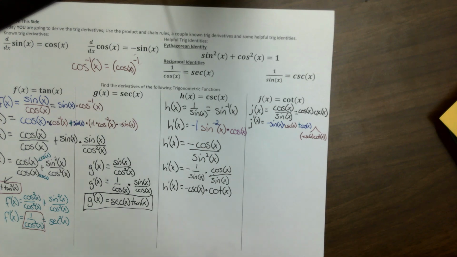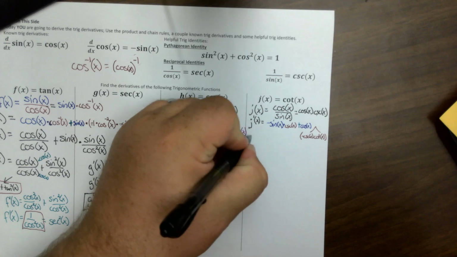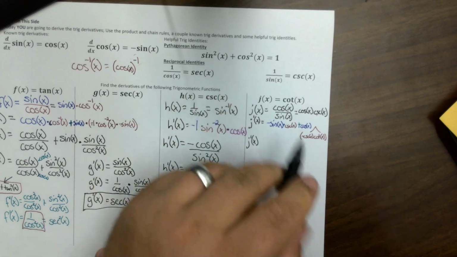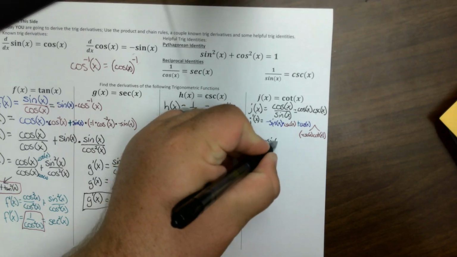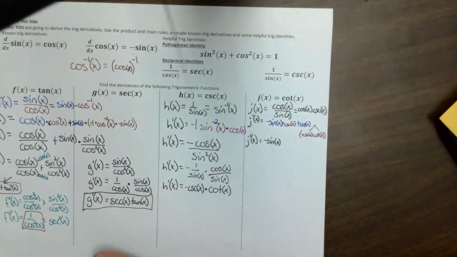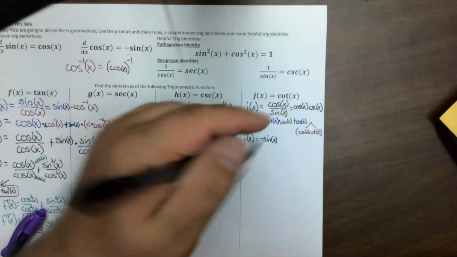But we could make it prettier. Negative sine times cosecant. Cosecant, why, that's 1 over sine.